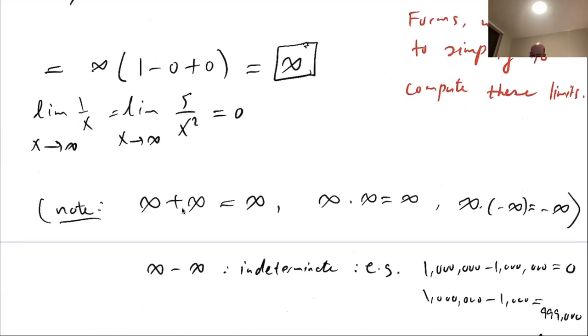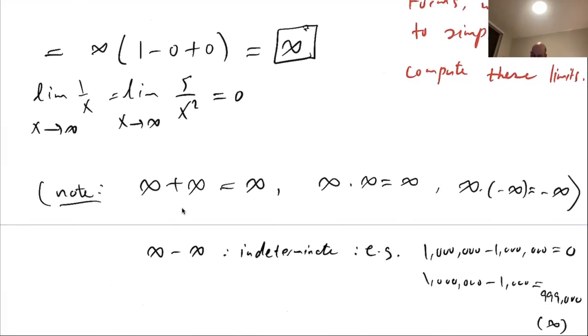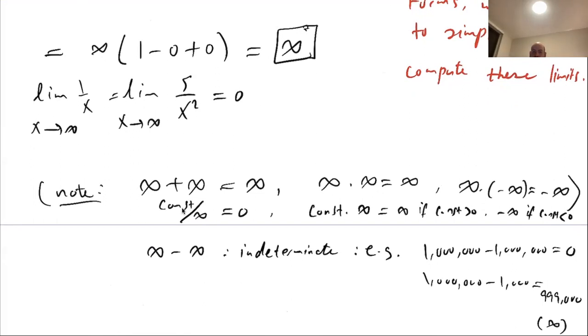So a constant over infinity, I can also include it here. Constant over infinity, this is 0. Now a constant times infinity will be infinity if the constant is positive, and minus infinity if the constant is negative. So these are determined.